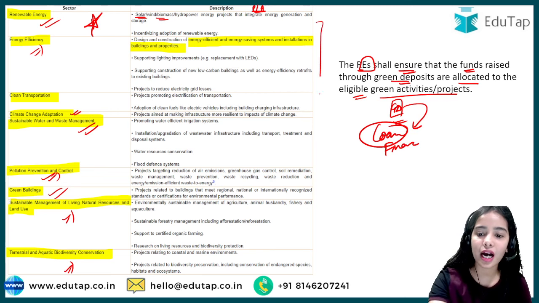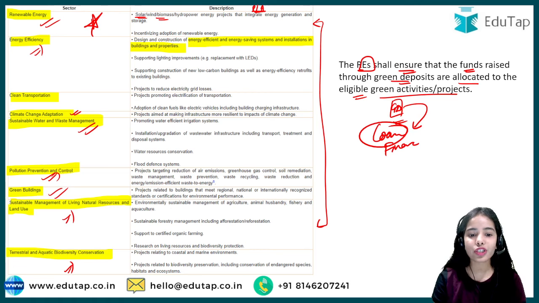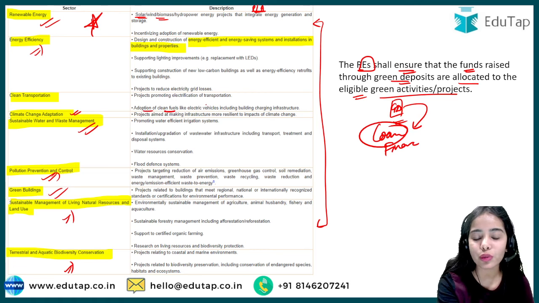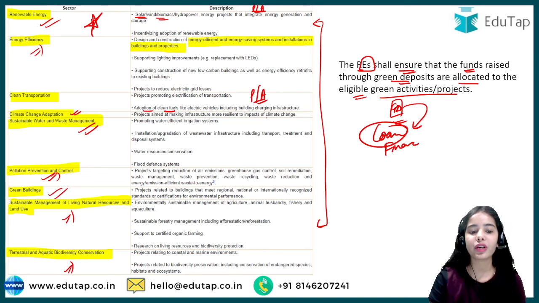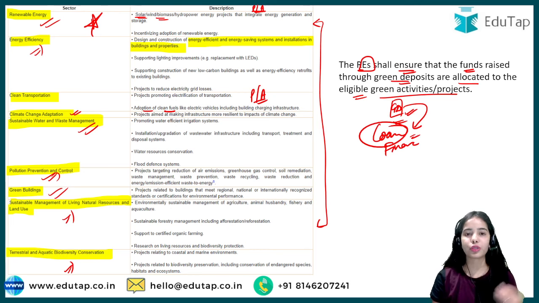Okay, and here the activities or the projects are being provided. Clean transportation means the adoption of clean fuels. So if the project or activity is happening where the adoption of clean fuels is happening, then the loan or finance can be provided through the green deposits, through the money that is coming in the green deposits.